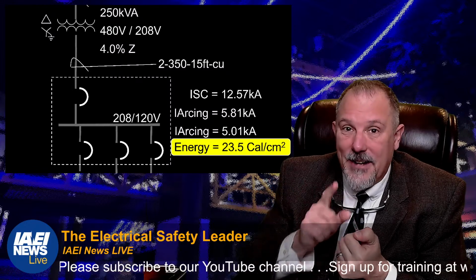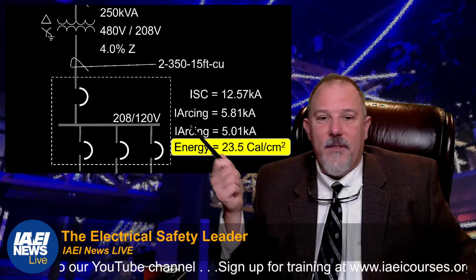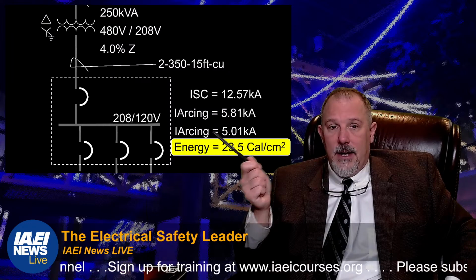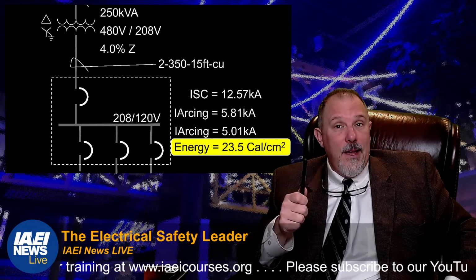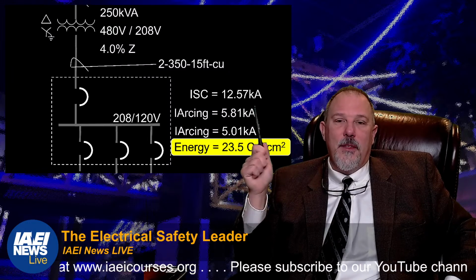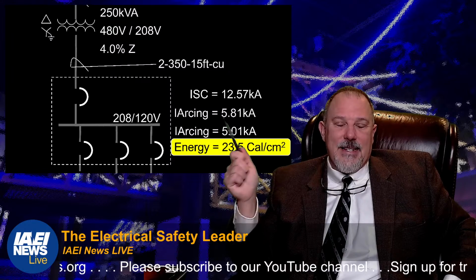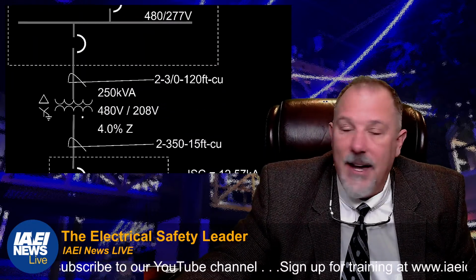I can walk out, and they call this moxie. I could walk out to this piece of equipment, and if I looked at this equipment and I saw 0.5 calories, I'd know that label is wrong. Why? Because they probably used the main device in this panel board to determine the incident energy and not the primary overcurrent protective device ahead of it.